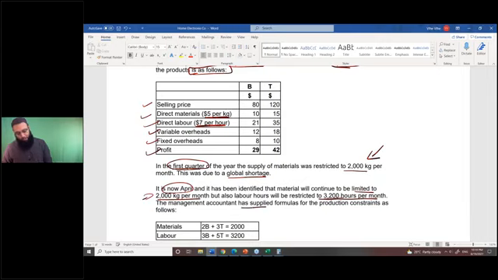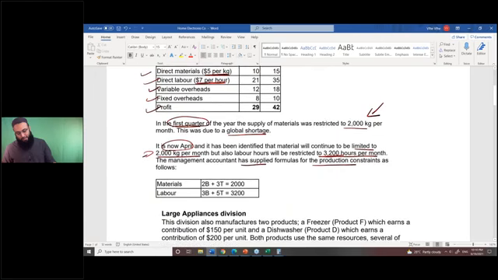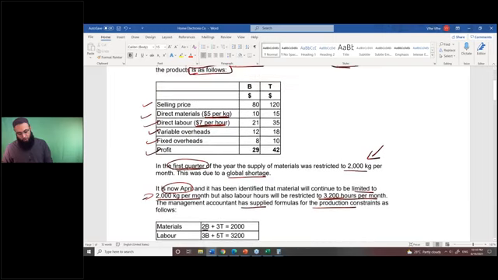The management accountant has supplied formulas for the production constraint as follows. And you can see the limiting factors are represented in terms of inequality constraints, which says to make 1B, 2 kgs is required, and to make 1T, 3 kgs are required with a maximum of 2000 what you have, because the word restricted means it's maximum.